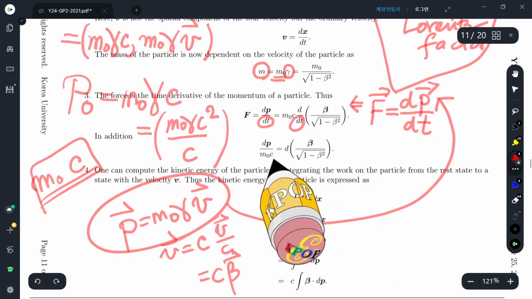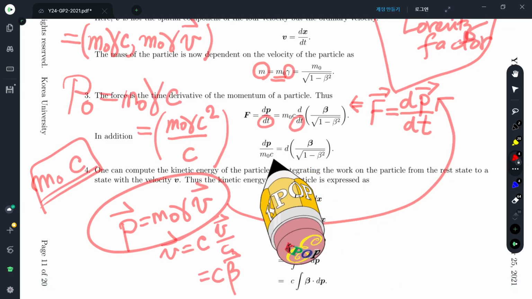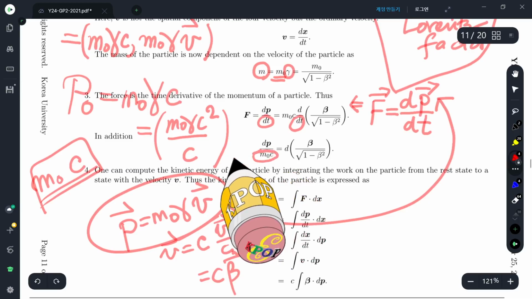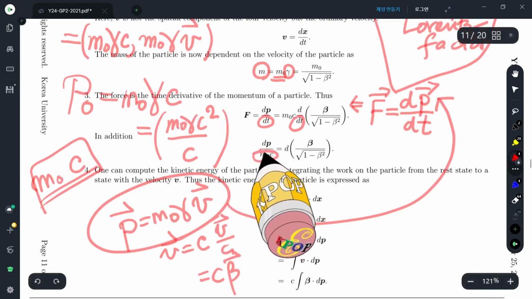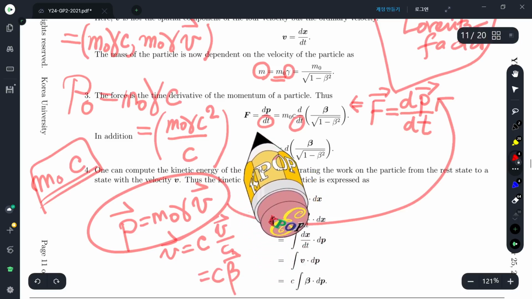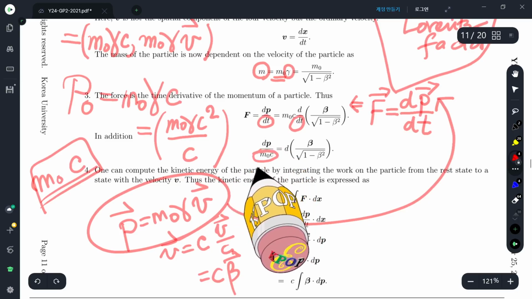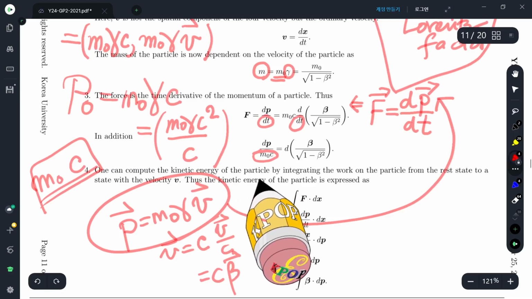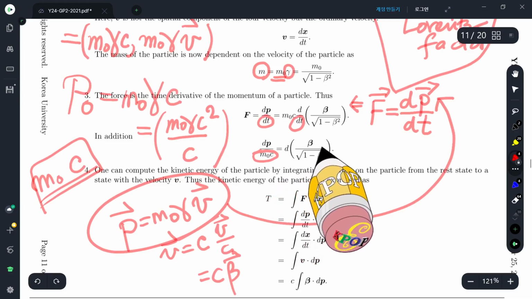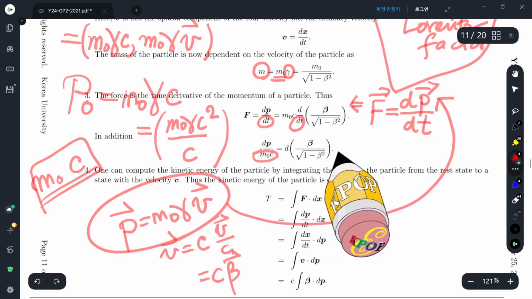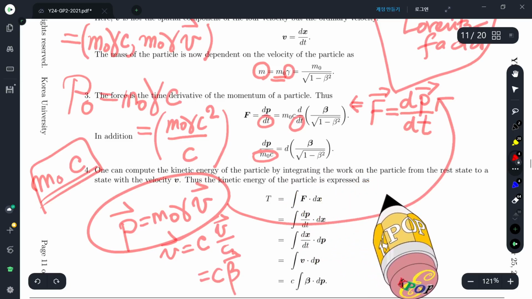The differential of the linear momentum scaled by the Lorentz invariant quantity m0c makes the left-hand side dimensionless. This is a pure number that does not carry any physical dimensions. That greatly simplifies our intermediate calculation. The right-hand side is the total differential of beta vector divided by square root 1 minus beta squared.